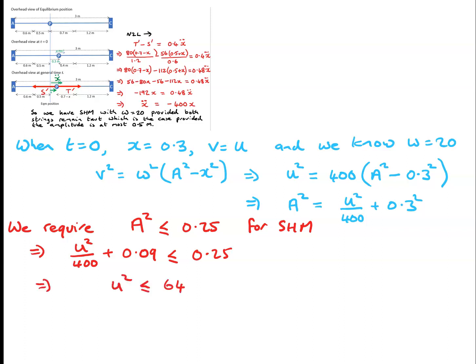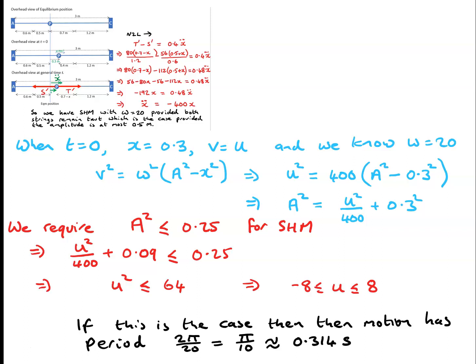In other words, u squared has got to be less than or equal to 64, which means that u must be between -8 and 8 meters per second. And if that's the case, then the motion is going to have period of 2 pi over omega, which is equal to pi by 10, or 0.314 seconds.